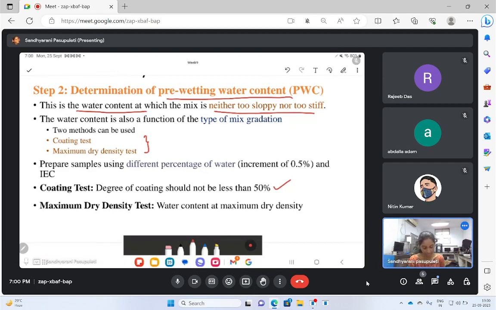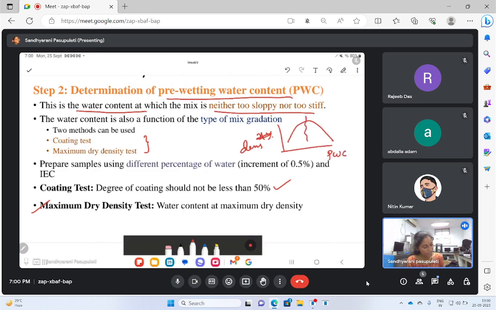In addition to this coating test, we can also perform the maximum dry density test. Let us say I have chosen X percent of pre-wetting water, then I perform the maximum dry density test and see the density. Then I keep increasing the water content. I will get a curve like this, where this is the density and this is the pre-wetting water.